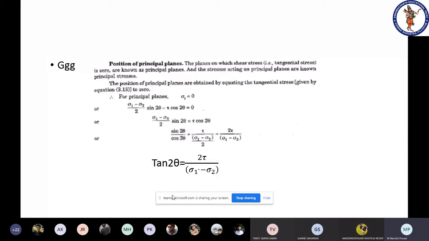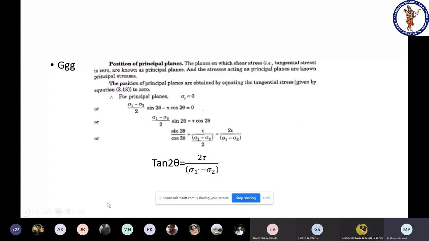So from our fundamental definition, we know that a plane with zero shear stress is called the principal plane.